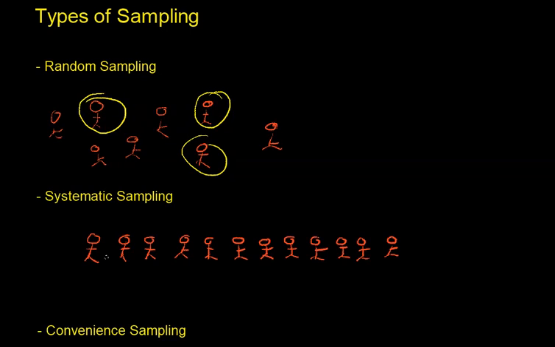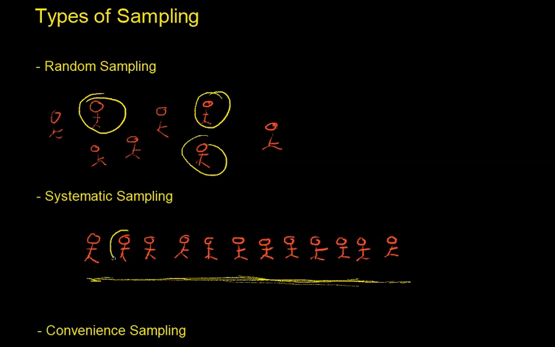Okay, so in systematic sampling, you line up all the students, maybe according to their grade. It could be according to anything, maybe their last name. Usually people would line them up in some sort of meaningful order. If you're worried that you're going to oversample the poor performing students, then you could line them up according to their GPA, and then say, okay, I'm going to start at a random place.